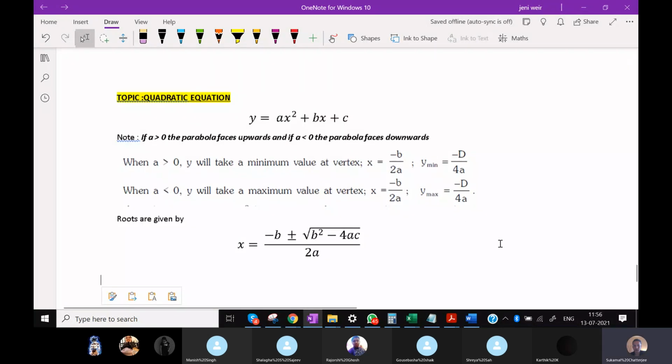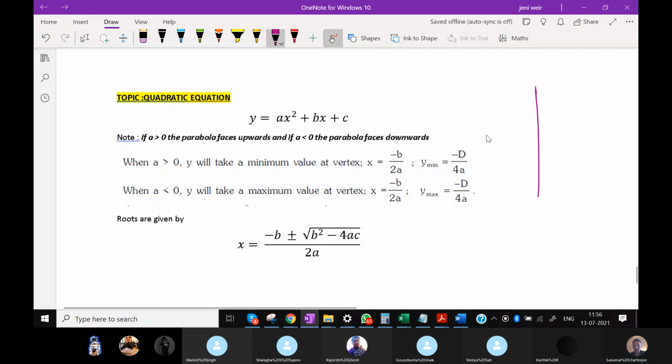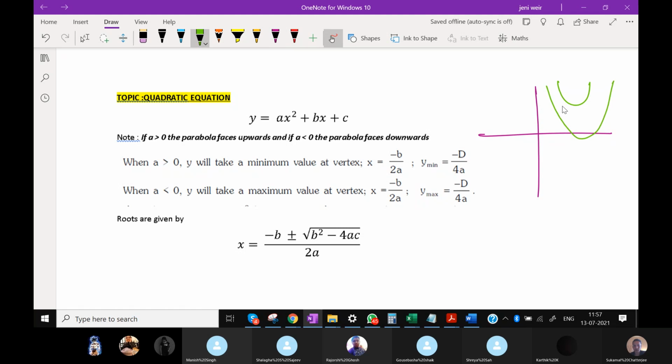Now, this is, of course, the basic concept of a quadratic. In any quadratic, if the coefficient of x square is negative, then the parabola will face downwards, and if it's positive, the parabola will face upwards. Which means there are 6 possible cases. If a is positive, then we can have these 3 cases.